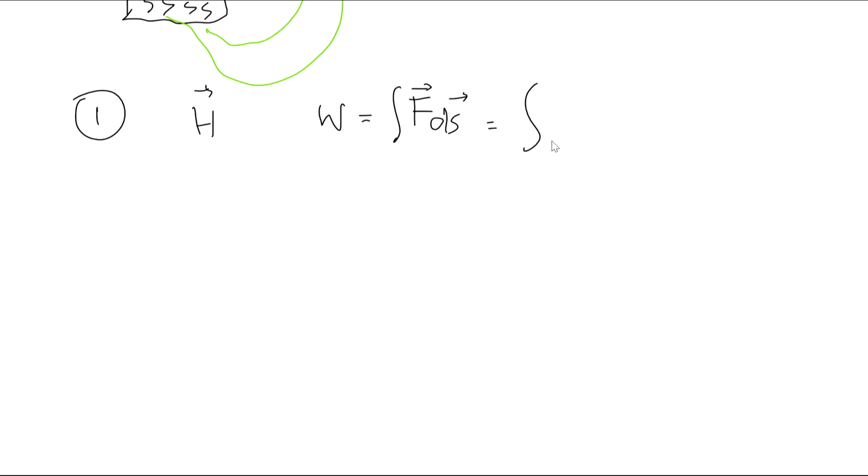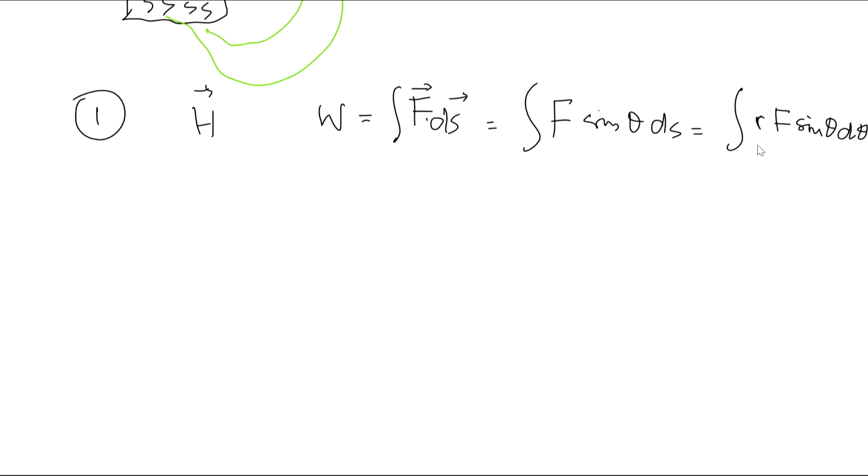Now, this is a dot product, so we can explicitly write it as F sin theta ds, or that can be written as R F sin theta d theta. So instead of writing ds, we converted it to R F sin theta d theta.